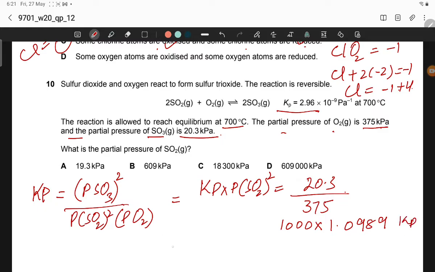Now Kp into SO2 is equal to 1098.9 Pascal.